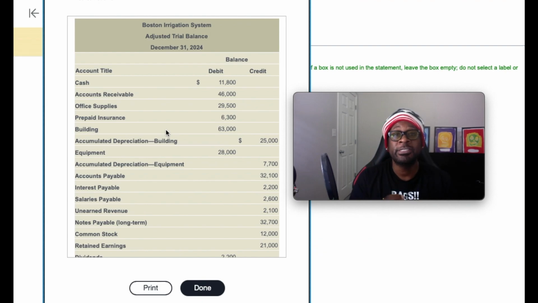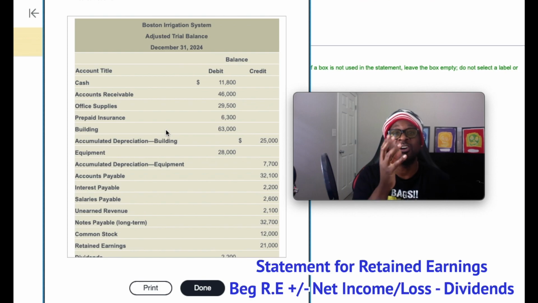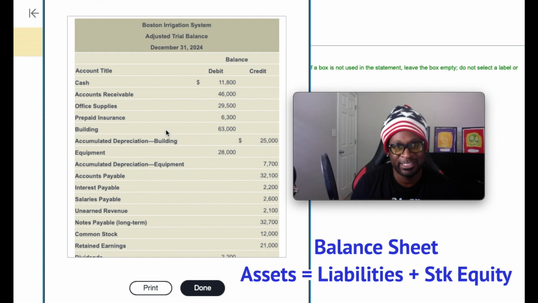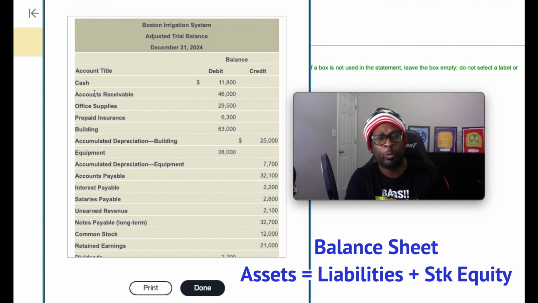The statement of retained earnings shows the effect on retained earnings, which deals with our retained earnings account, dividends, and any net income or losses transferred from the income statement. And lastly, the balance sheet is simply the accounting equation, gang. We know the accounting equation to be assets equals liabilities plus stockholders' equity. So let's go through these accounts and see who goes where.